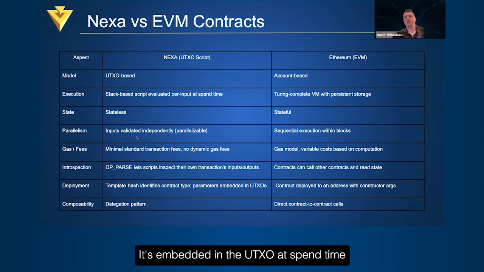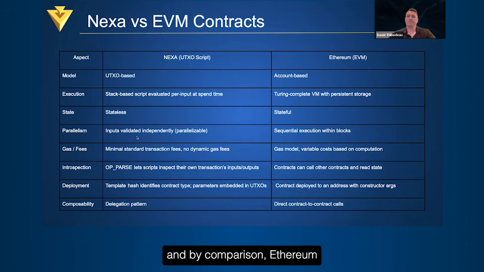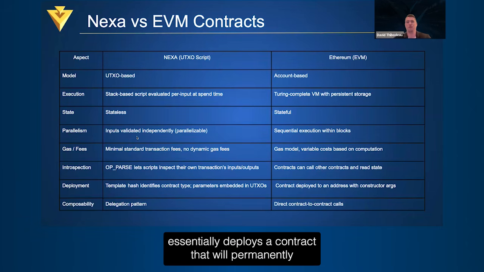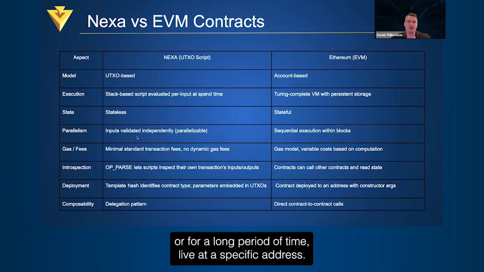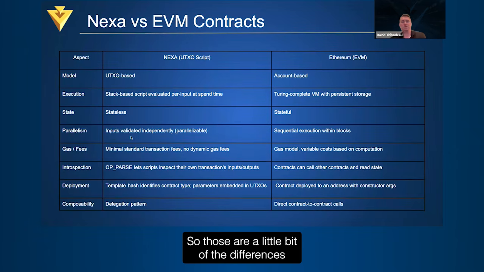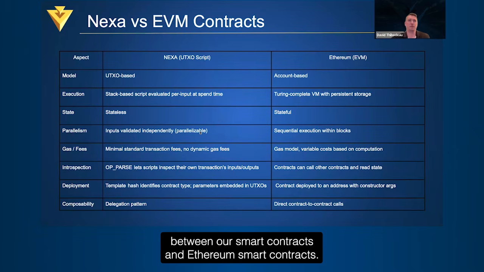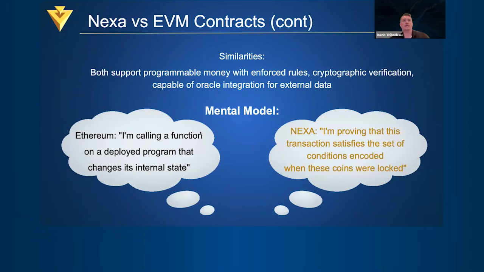It's embedded in the UTXO at spend time, and by comparison, Ethereum essentially deploys a contract that will permanently or for a long period of time live at a specific address. So those are a little bit of the differences between our smart contracts and Ethereum smart contracts.